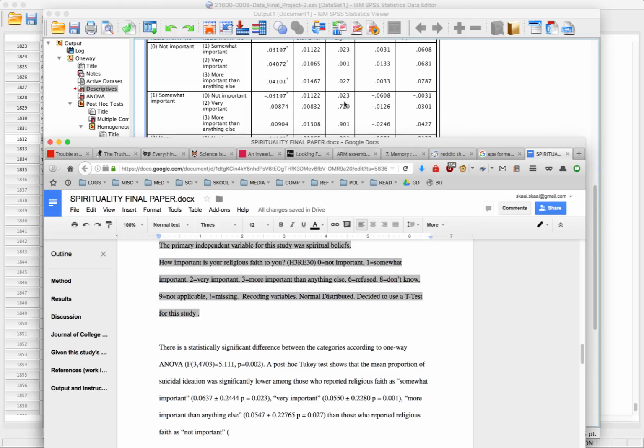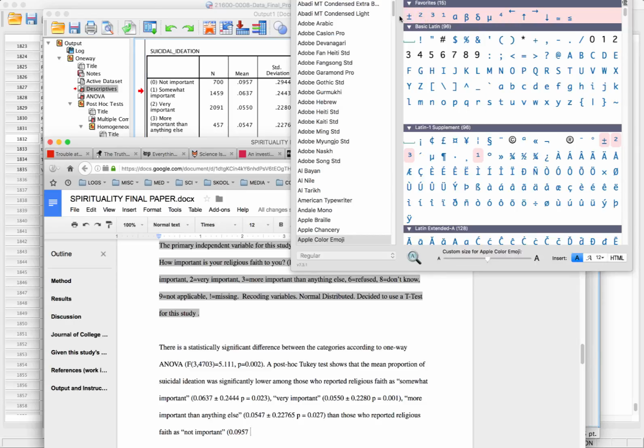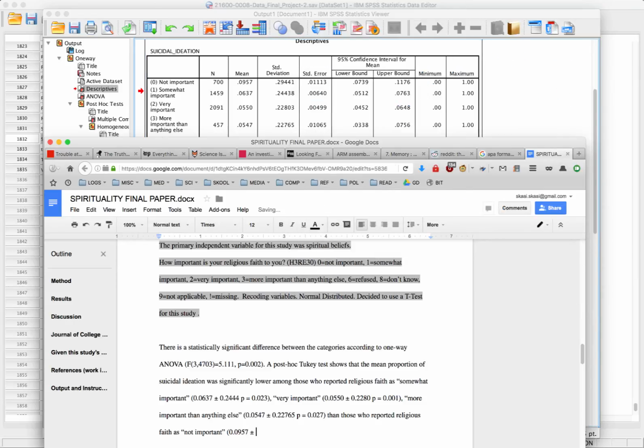And once again, we go back up to the mean, and that is 0.0957 plus minus 0.2994. Oh, and that is a p-value of, well, no, we don't actually need the p-value for this one because that's not being compared by itself. We just compared the others, so that's the only one that doesn't need the p-value.